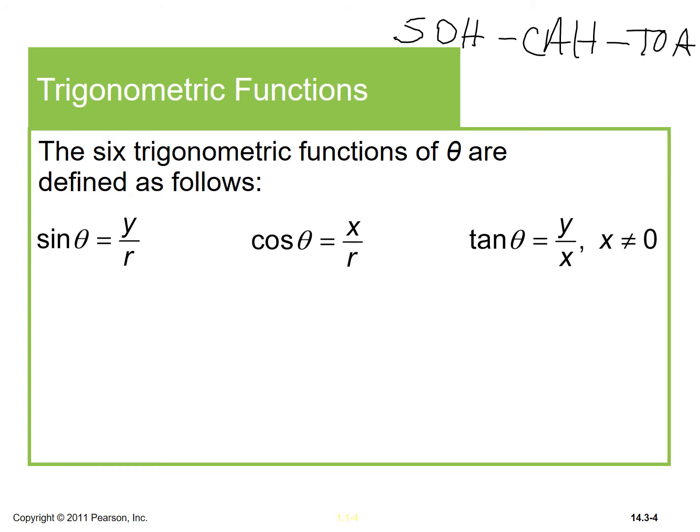So the sine, in this case, of theta, would be the opposite over the hypotenuse. The cosine of theta would be the adjacent over the hypotenuse, and the tangent is the opposite over the adjacent. So O stands for opposite.